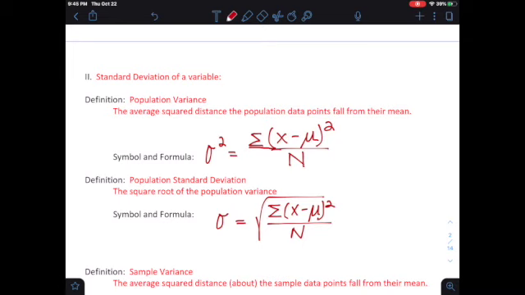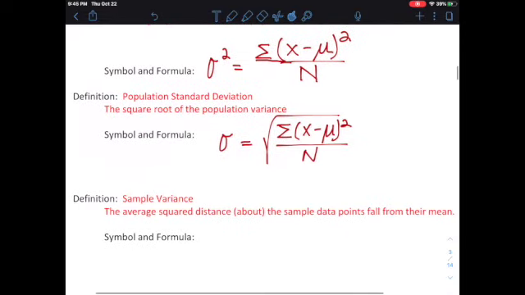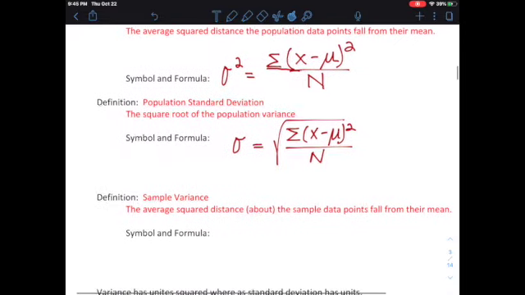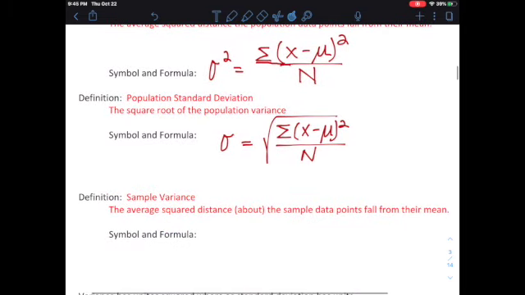Okay, and then the next thing we are going to talk about is sample variance. That is probably the one we're going to use the most, because population is just way too hard to work with if you have tons of data and you sometimes just don't know how big the population is going to get. So the next one is called the sample variance.